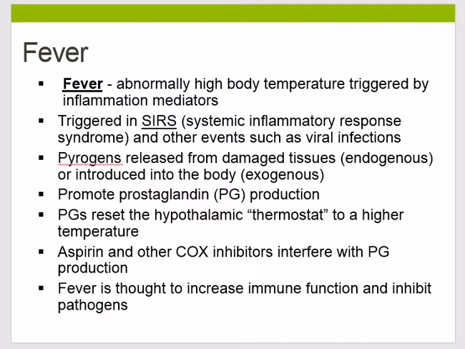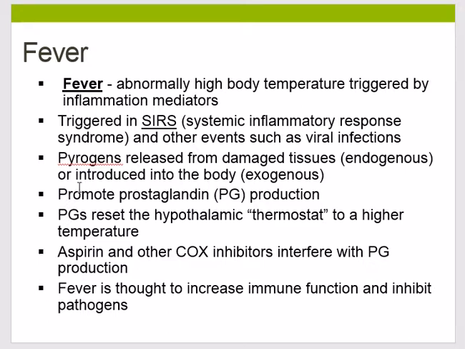And pyrogen molecules trigger the fever response by promoting prostaglandin production, or PG production. PGs reset the body's thermostat in the hypothalamus, trying to set it to a much higher temperature, really trying to almost burn off the pathogen, so to speak.